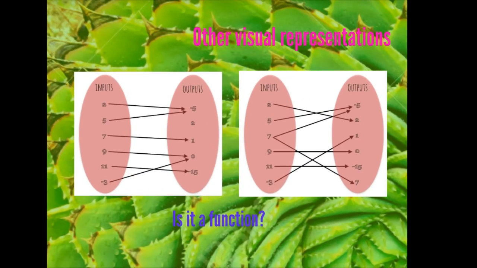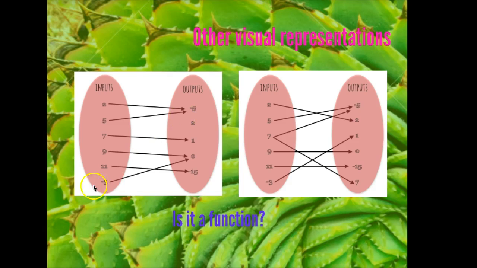So there are some other visual representations that you might find with functions, such as these 2 images that you're seeing in the video. In this set of images, you'll get, for example, in this one, a set of inputs and a set of outputs with arrows connecting my inputs and outputs, acknowledging that they are connected.